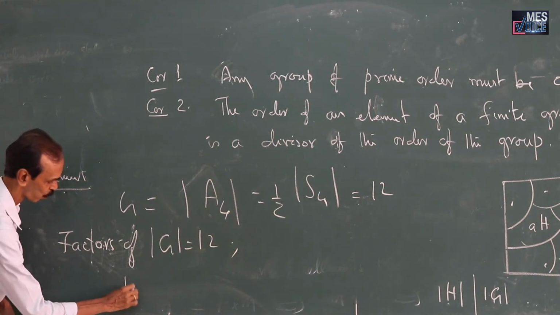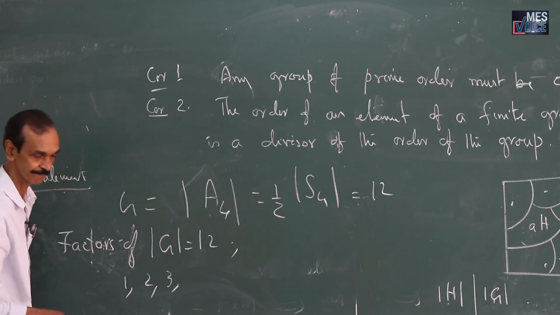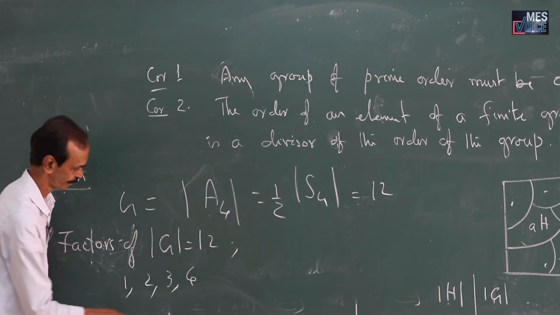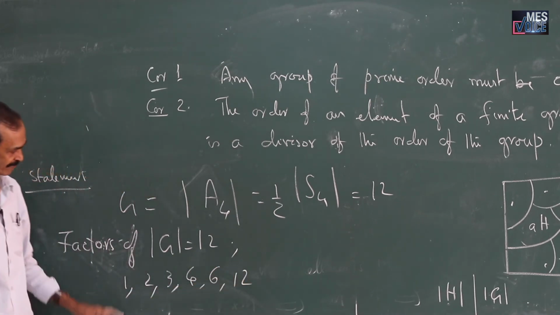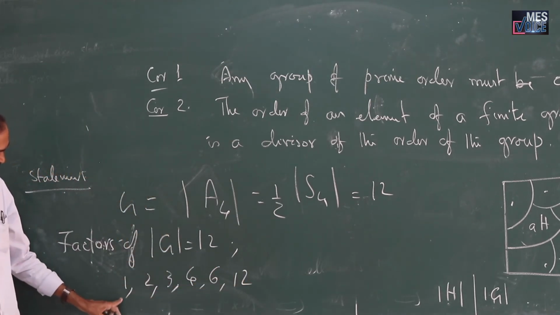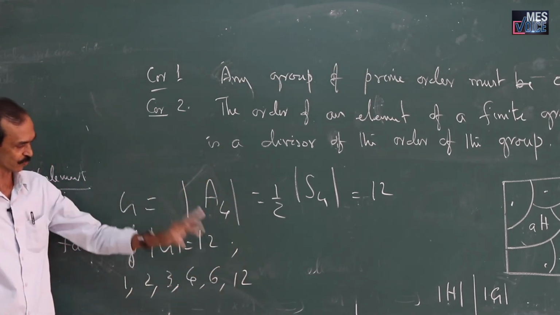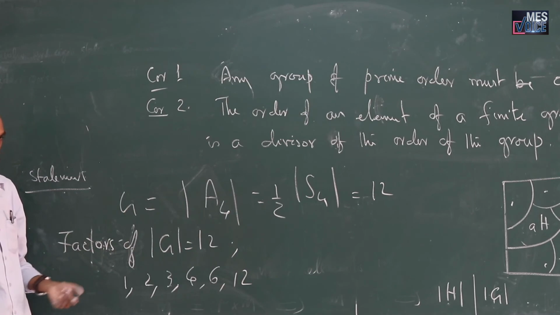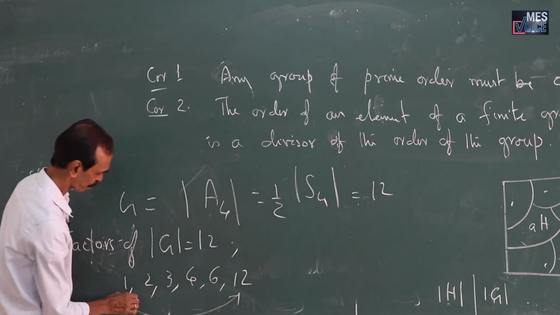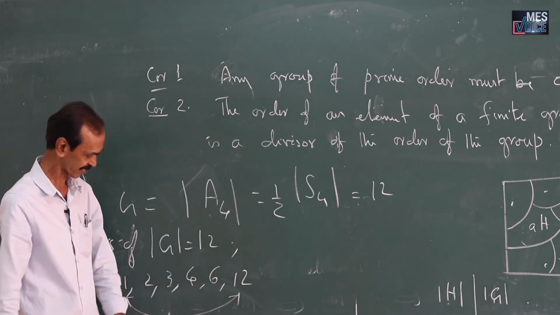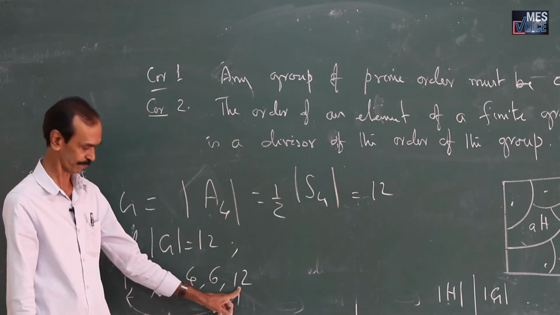They are 1, 2, 3, 4, 6 and 12. These are all factors of 12. 1 divides 12, and 2, 3, 4, 6 all divide 12 itself. All are divisors of 12. You can just remove 1 and 12 because they are improper, trivial divisors, because these correspond to the singleton set and the full group.